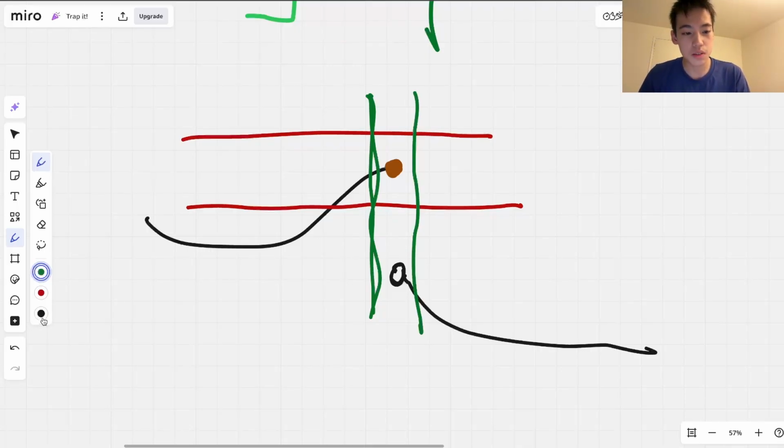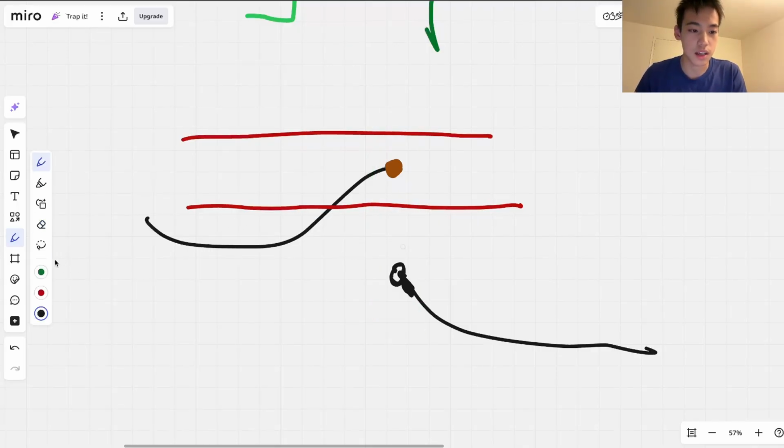So let's try this set. Well, again, that doesn't work because a portion of the bottom piece lies below the bottom red line. How about we make this even smaller, something extremely small like that.